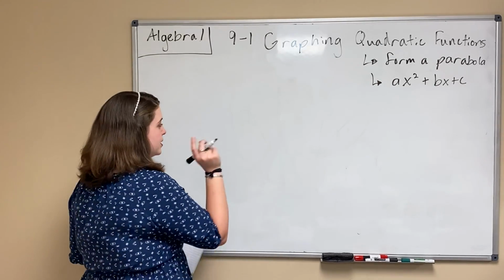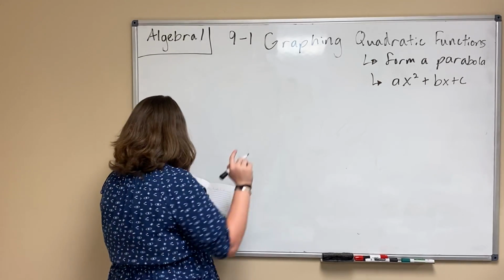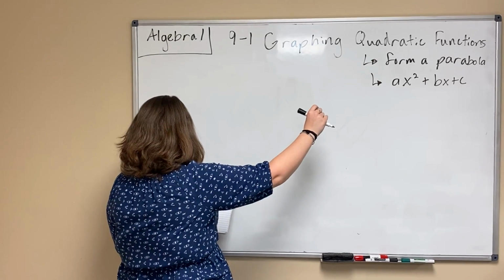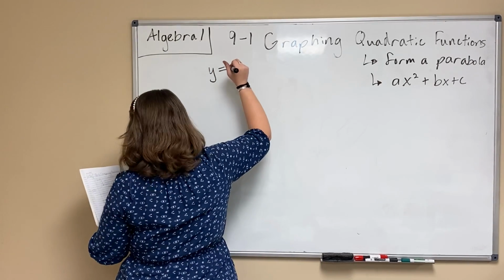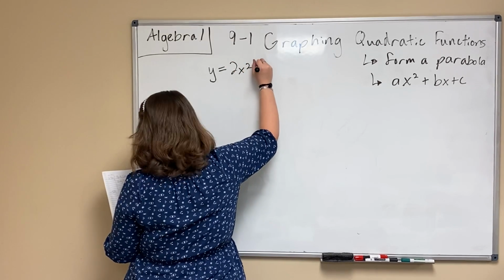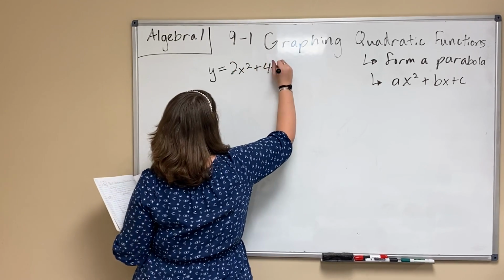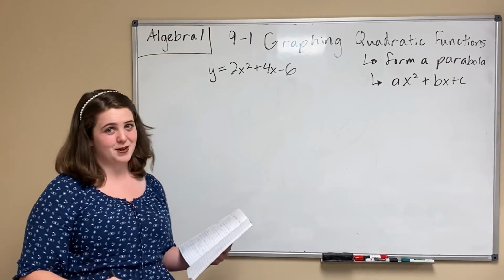So if your equation doesn't look like that, then you know it's not going to make a parabola with our x squared. That's what's important there. Okay, so if I said y equals 2x squared plus 4x minus 6, there's our equation, and I said, please graph this equation for me.